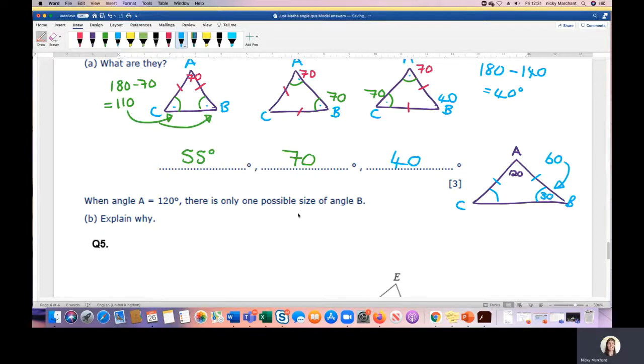Now it says give your reason, so it's going to be 30 degrees, but why is that?